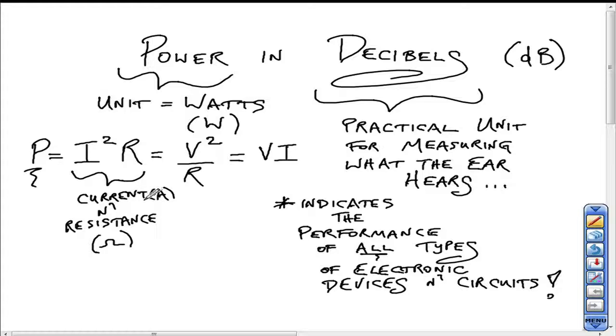You may not be told this is current, but you might be told 7 milliamps, and then you would say, amps, that's my current. Or you might be given 60 ohms. That's my resistance. So don't feel like I have to see the word current and resistance in the problem. If you're given quantities of current or resistance, then you're going to run with this formula.